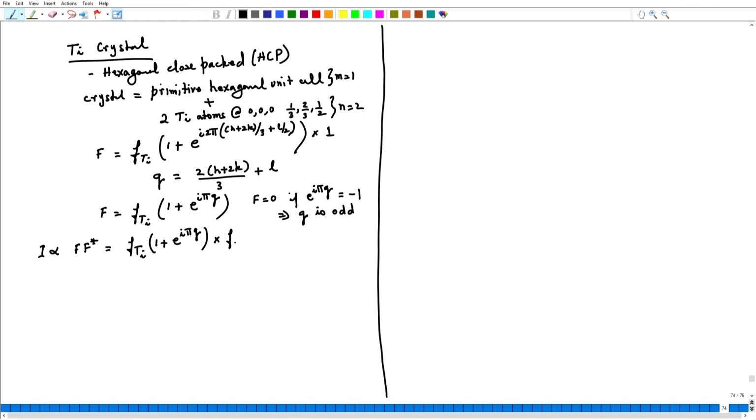So, again f_Ti multiplied by (1 plus e to power minus i pi q), and then we now expand this. So, it will become f_Ti squared times, if I multiply the two bracketed terms, I will get 2 plus e to power i pi q plus e to power minus i pi q.